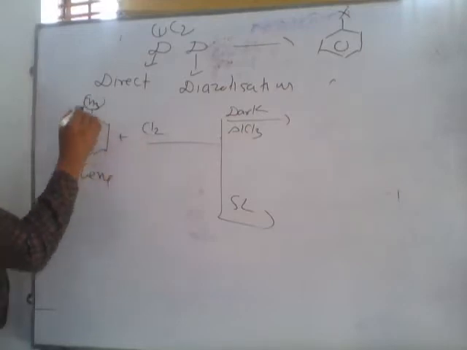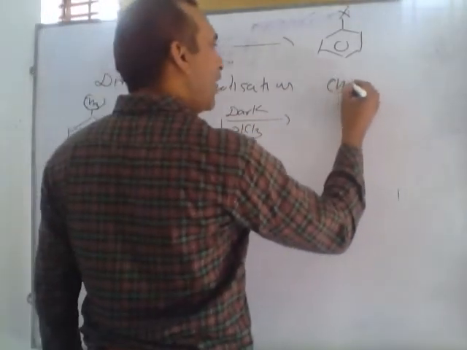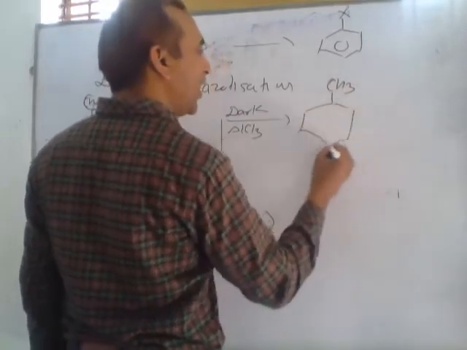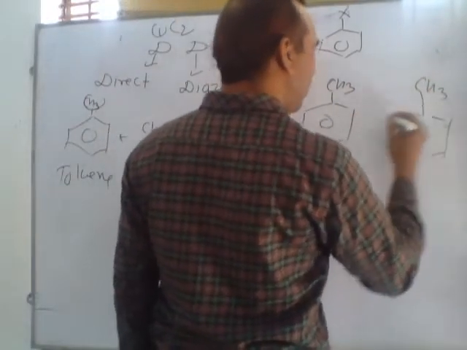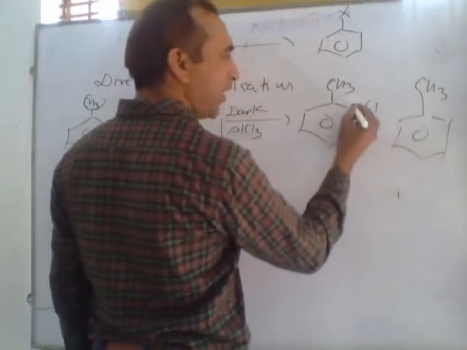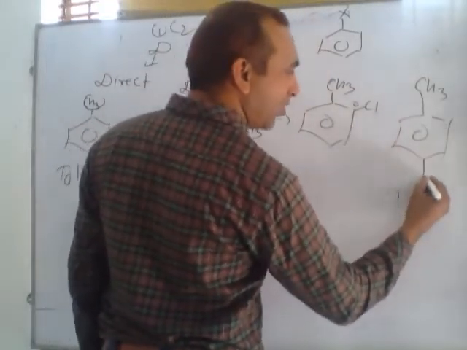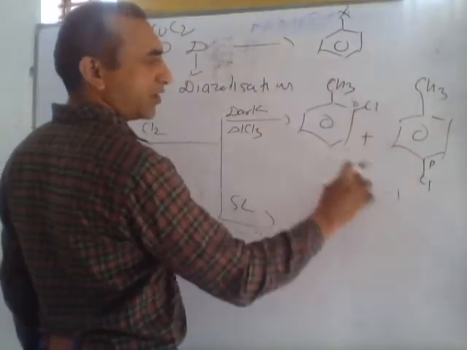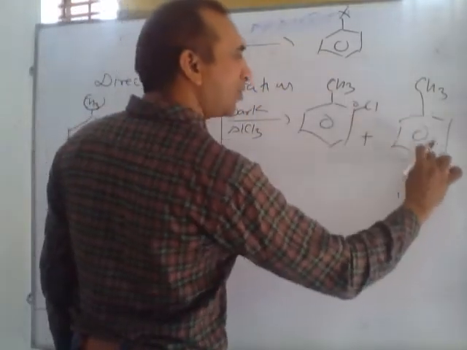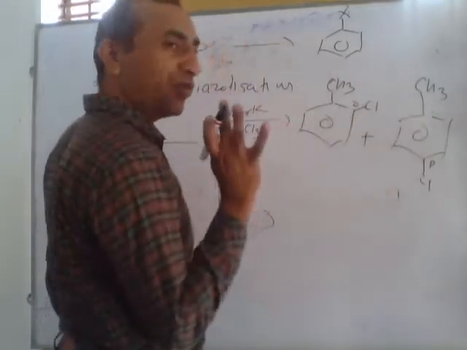According to the ortho and para effect of the methyl group, two products will form. In the first, chlorine joins at ortho, in the second, chlorine joins at para. So this is called 2-chlorotoluene and this is called 4-chlorotoluene. A mixture of these two forms.